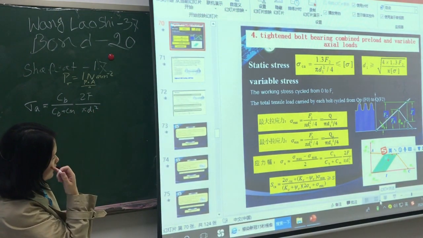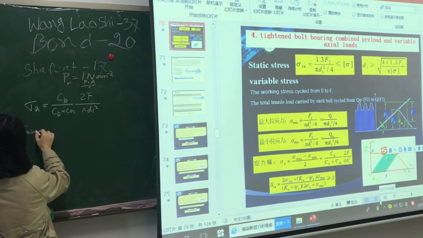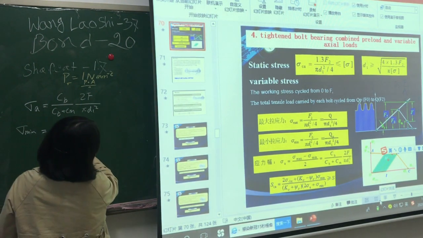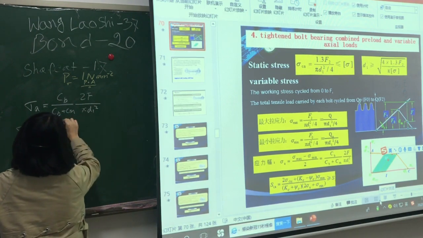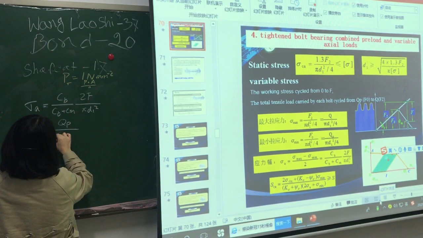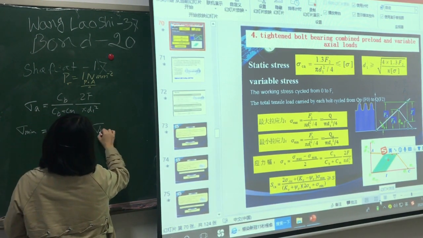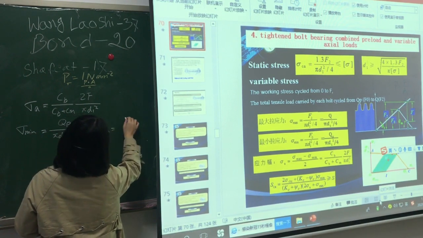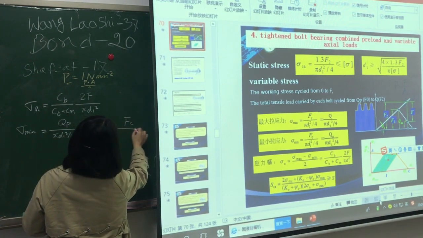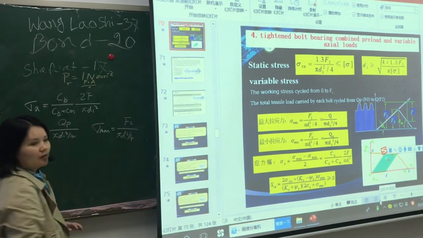And the load is QT plus the, and sigma max is F2 plus, okay.